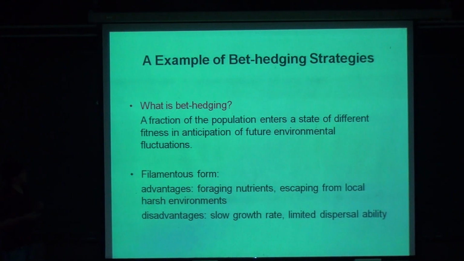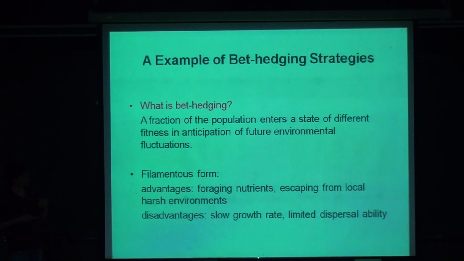And the filamentous form actually fits this bet hedging idea very well, because, as I already told you, the filamentous form of these cells can push the cell away from the local environment because the cell cannot move. So they need some way to escape from the local environment, and the filamentous form can help the cell to do that. So they can push it away.